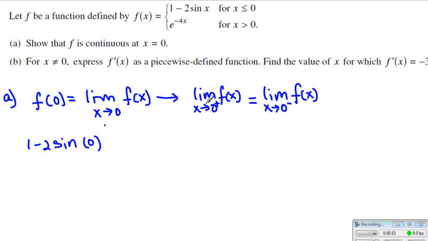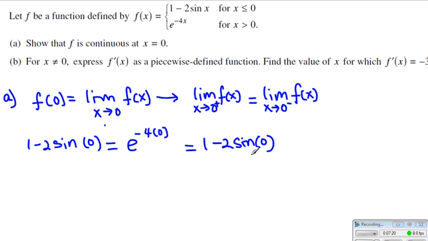From the right, that means we are looking at values that are a little bit greater than 0, which means the second expression, e to the negative 4 times 0. From the left, the values are a little bit smaller than 0, which will be the upper expression, 1 minus 2 sine of 0.